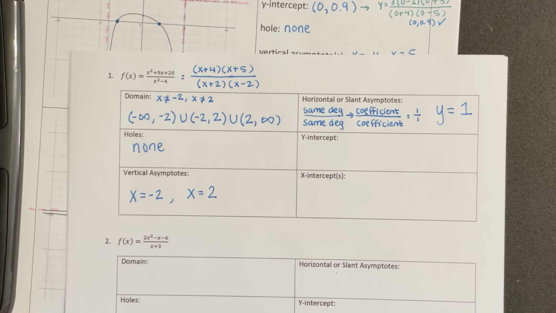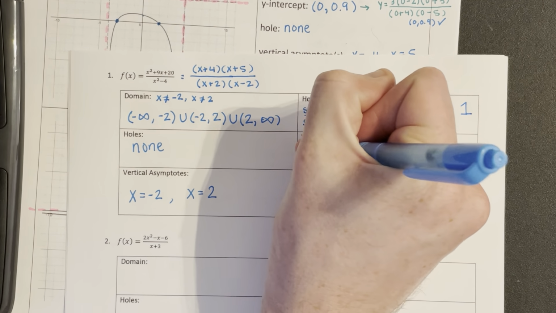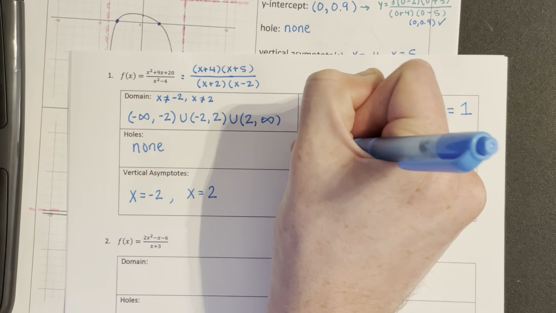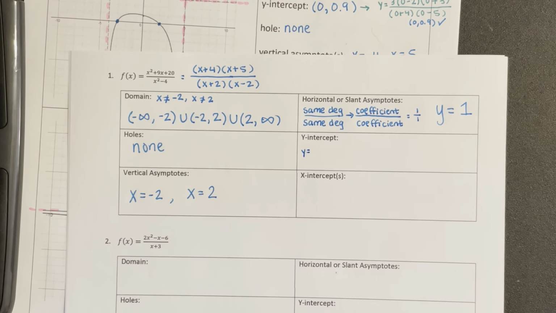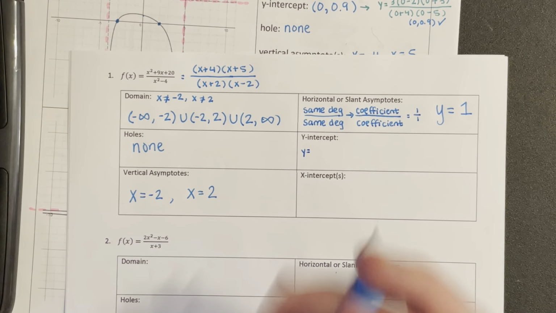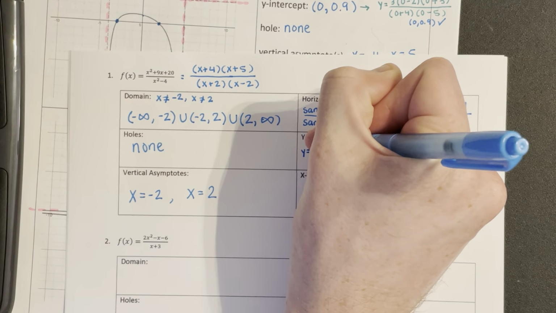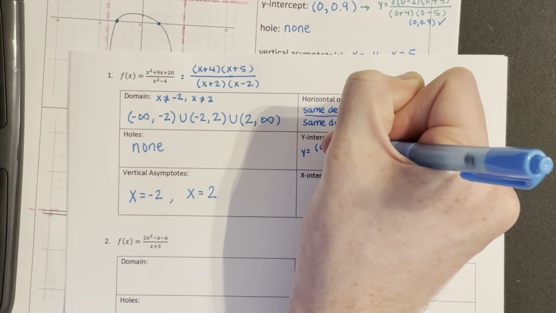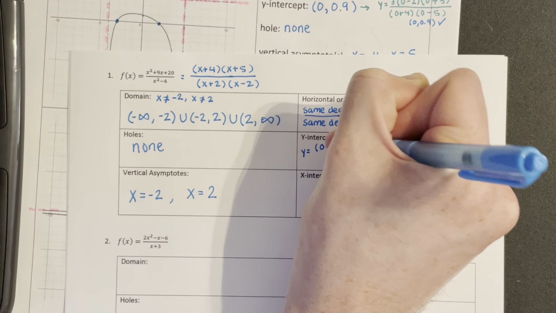Our y-intercept we do by plugging in 0. So y equals, and you can use the factored version or the unfactored version. Either one is fine. So last time I used the unfactored, this time I'll use the factored.